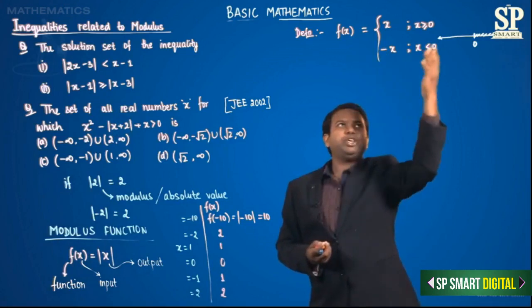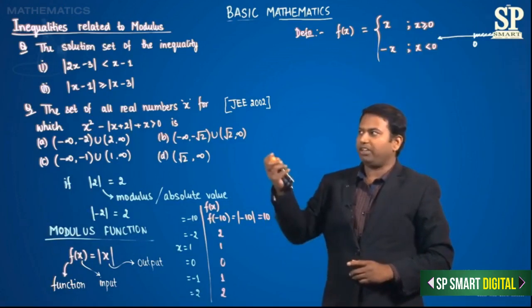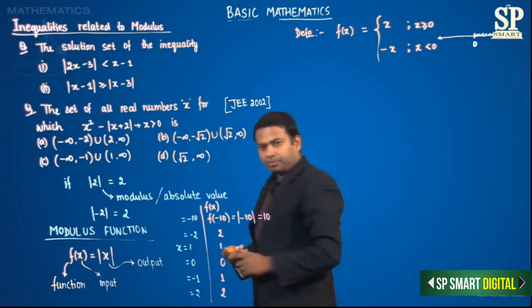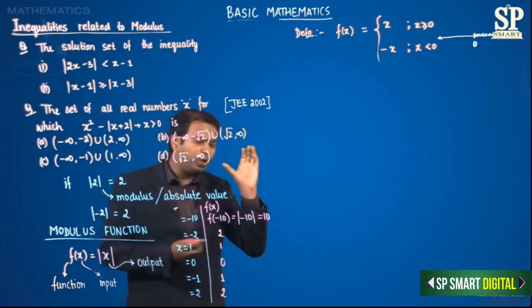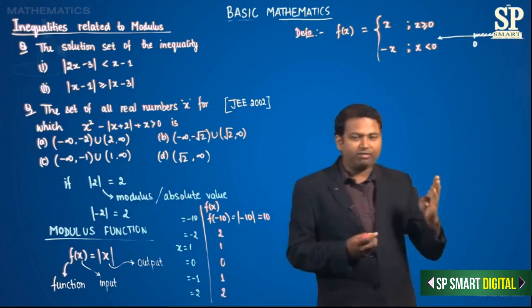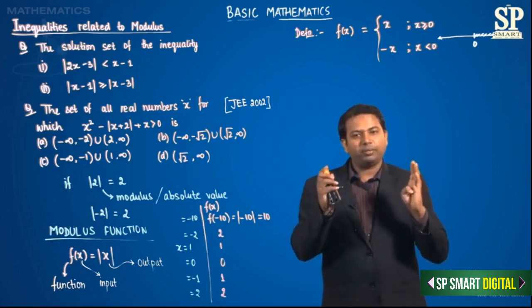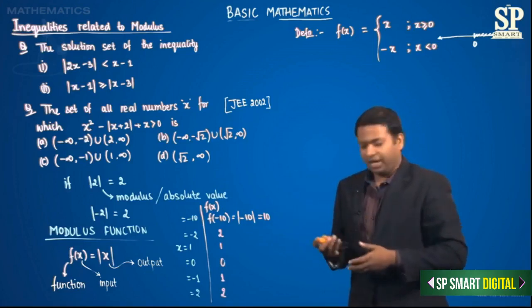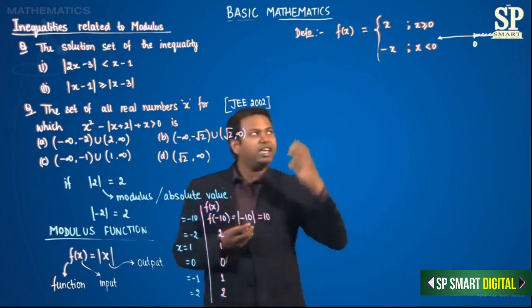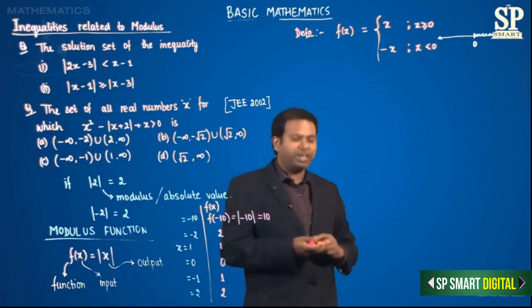Now we will be using this particular definition in order to solve questions when we come across a modulus sign. We'll have to figure out at what point the value becomes positive and at what value the terms inside the modulus sign start to become negative. So let us see how we do that when we start solving questions. So this is the definition.